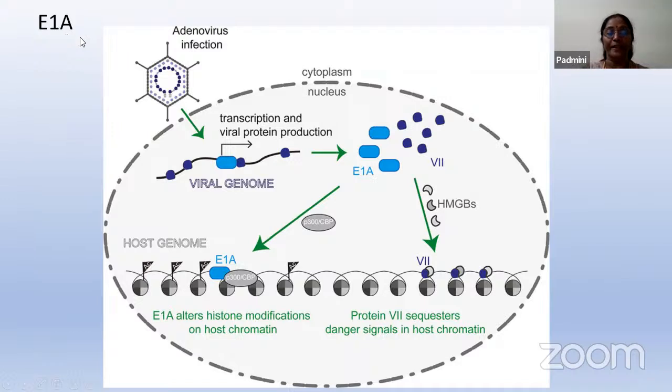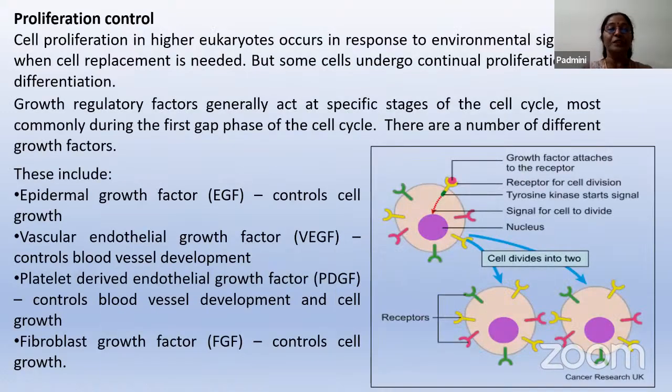When this infects a normal cell, the viral genome gets incorporated into the host gene. And once it is incorporated in the host gene, this leads to different types of carcinoma cells. Okay, proliferation control. So how is this proliferation occurring in the cancer cell, and which factors are going to control the proliferation?